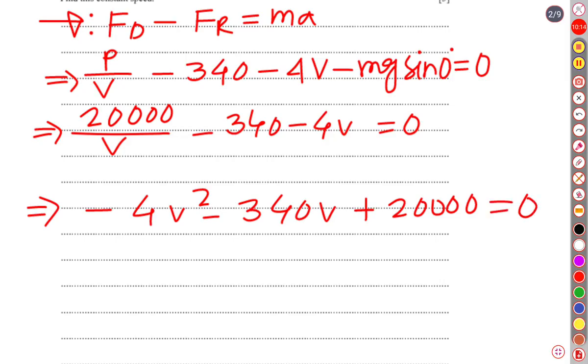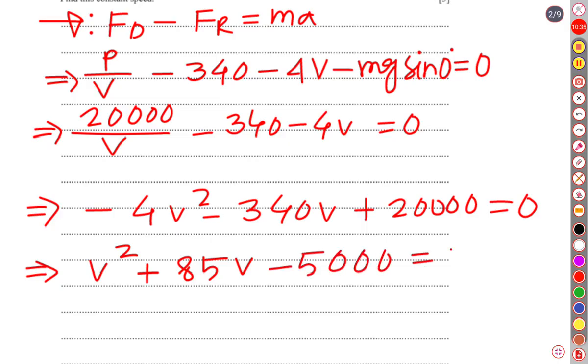If we divide every quantity by negative 4, it is v square plus 85v minus 5000 is equal to 0, since 4 fives are 20.